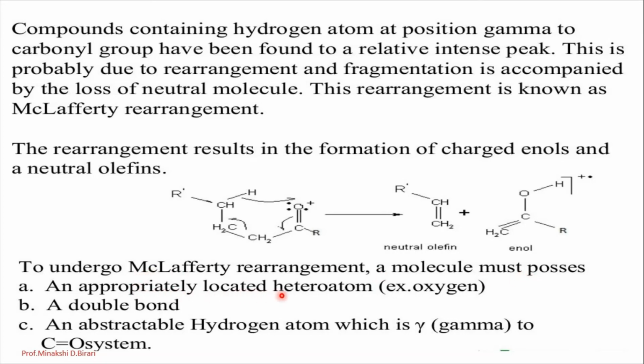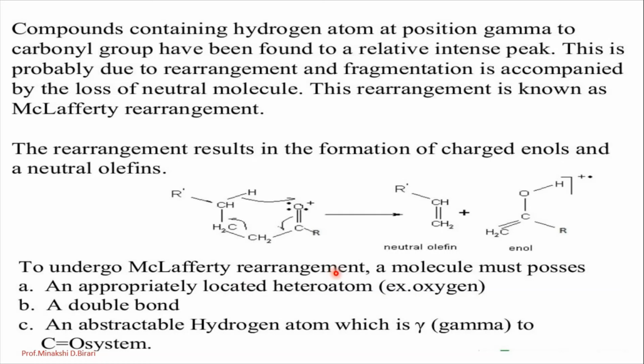First important condition: it should have an appropriately located heteroatom, for example oxygen, sulfur, nitrogen, chlorine, etc. So if a heteroatom is located at an appropriate position, that compound will undergo the McLafferty rearrangement.